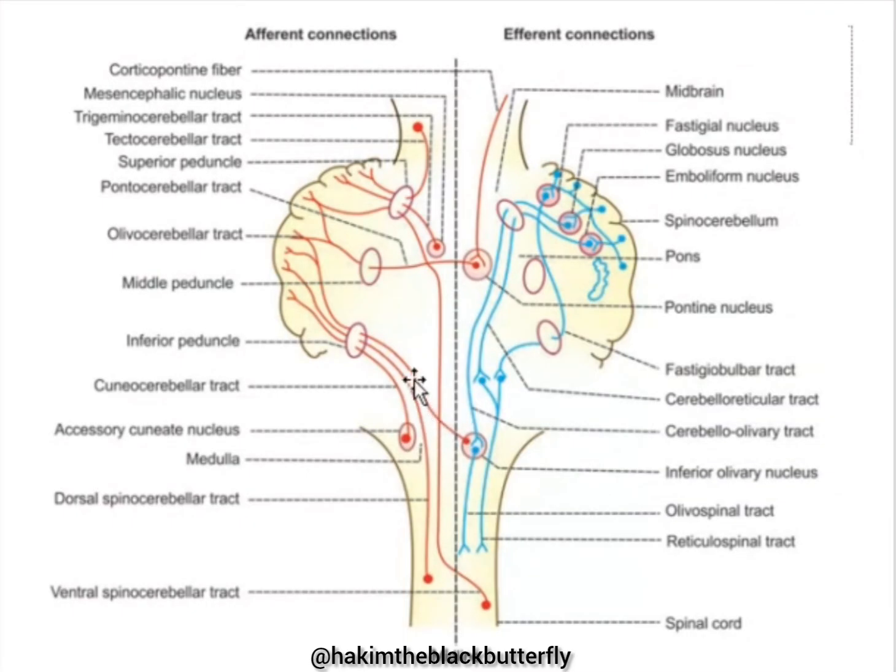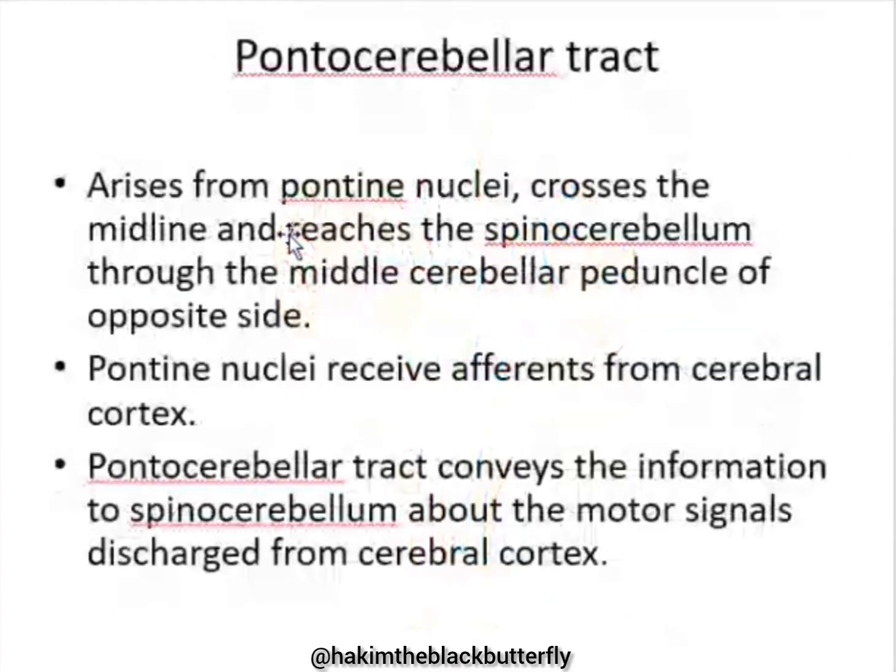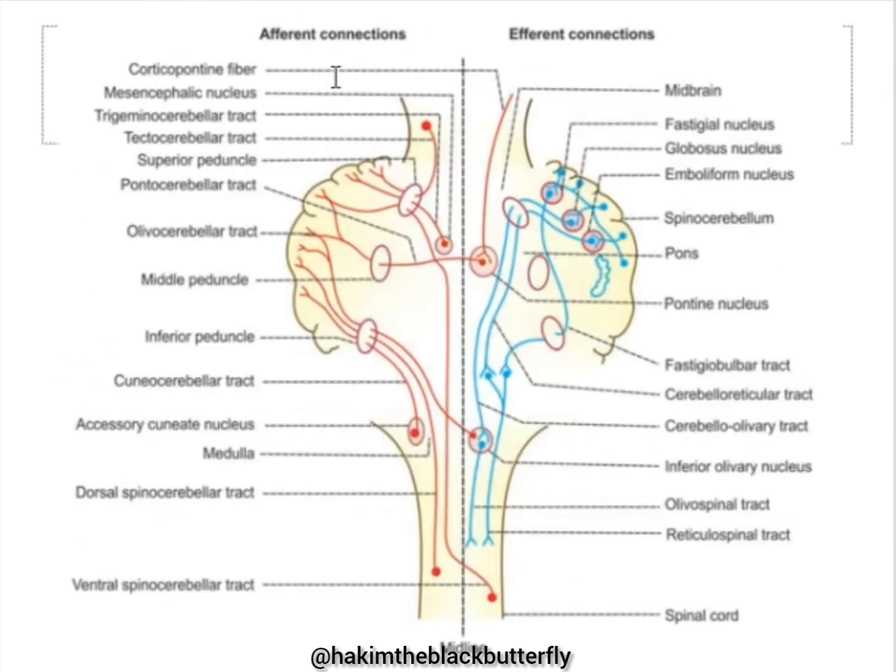It is going to pass through the inferior cerebellar peduncle and reach the cerebellar cortex. Pontocerebellar tract from the pons to the cerebellum. And I've given you that tract from the pontine nuclei. It crosses to the opposite side, passes through the middle cerebellar peduncle, and then enters the cerebellum.